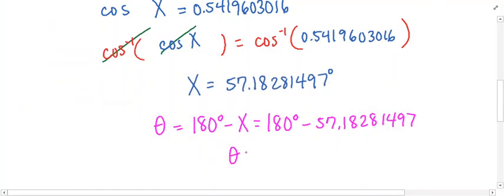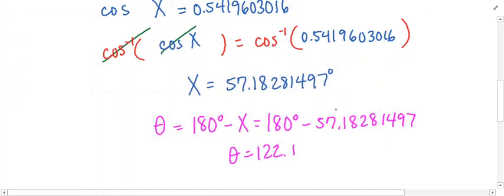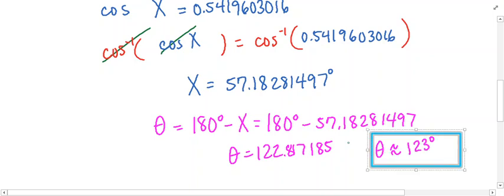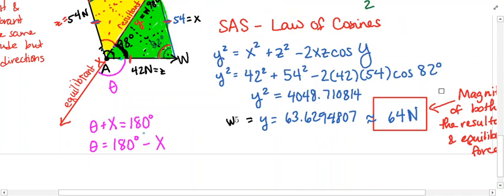So theta is going to be 122.817185. We can round this to the nearest whole number. Since there's an 8 after the decimal, we need to bump this up to 123 degrees. That is the value of the angle between the 42 Newton force and the equilibrant.